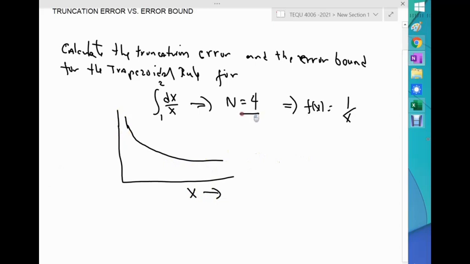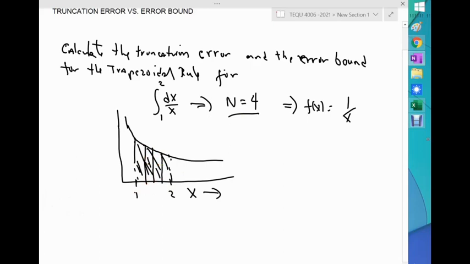Now n is going to be 4, so between 1 and 2, this is the area that we are interested in, and we're going to divide it into 4 trapezoids. There we go, 1, 2, 3, and 4, and that's basically it.